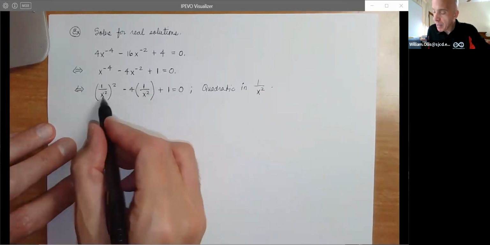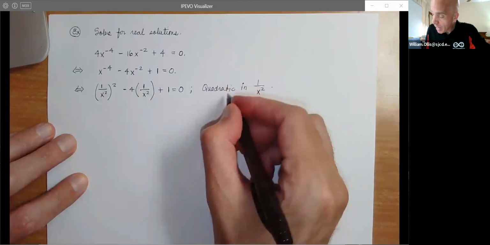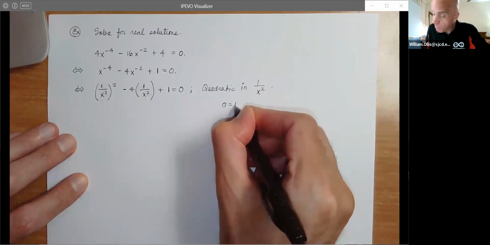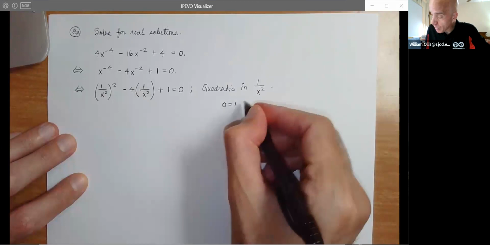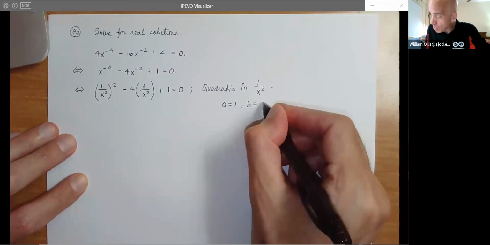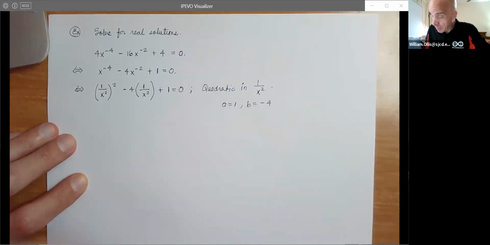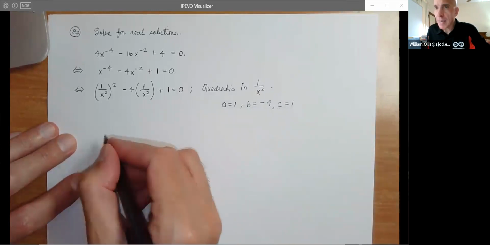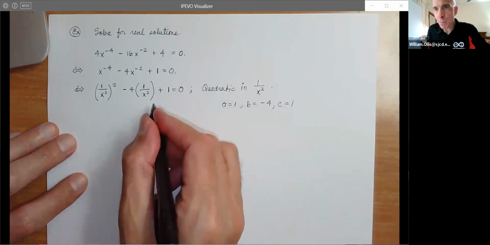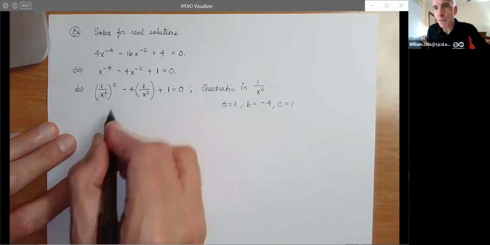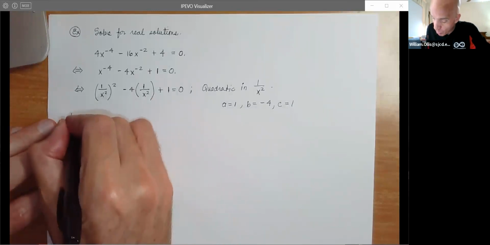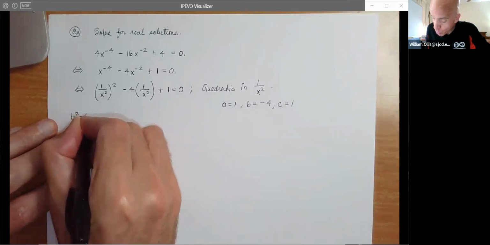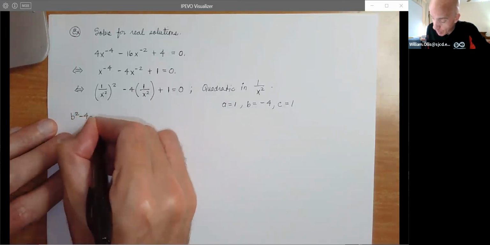Now, again, this is quadratic. We have a equals 1. That is, the coefficient here is 1. B equals negative 4. And C equals 1. So again, quadratic, just like the previous problem, but quadratic in a different term. So now we look at the discriminant first, because we want to keep everything nice and efficient.